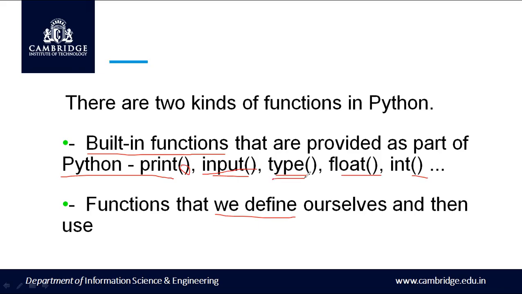Type is a function which returns the data type of the value. Float and int are used for type conversions, which we'll see in further slides. So these are the different types of functions in Python: built-in functions and user-defined functions.